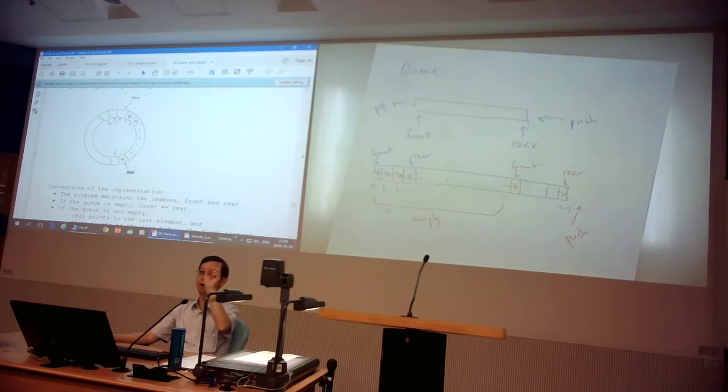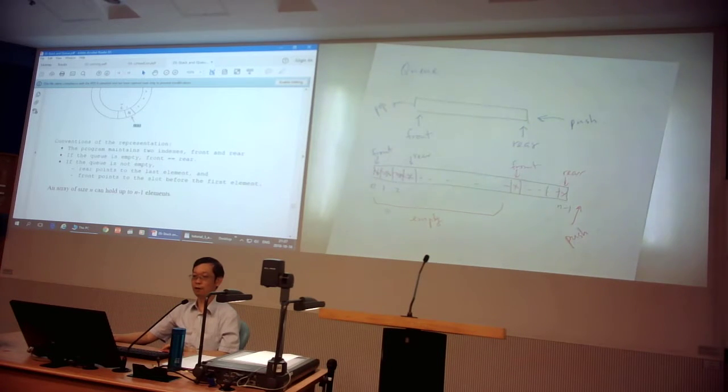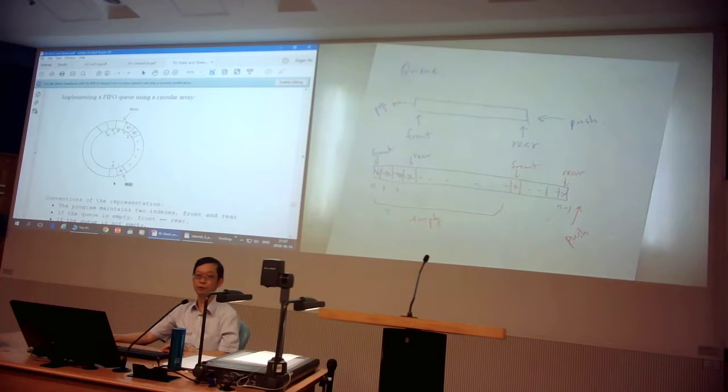So it means that when you have one element in the queue, front and rear will not be the same. They will have different values. When front and rear have equal value, then it means that the queue is empty. Now this is the convention that is being used in general.